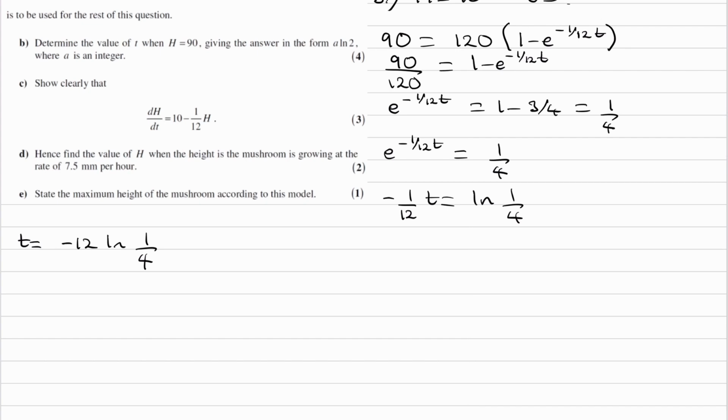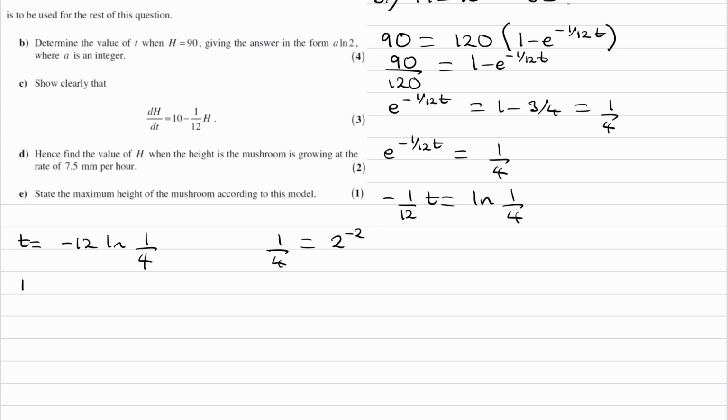So then if we look at the question, it wants us to give it in the form of a ln 2, which is not what we have here. We have a quarter. We want to somehow change that into 2. So then a quarter is 2 to the power of something. Think of what that something is, and then you can put that into here. So that would be minus 2. 2 to the minus 2 is 1 over 4.